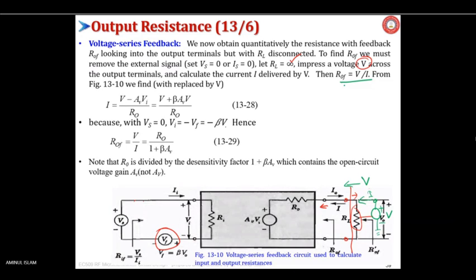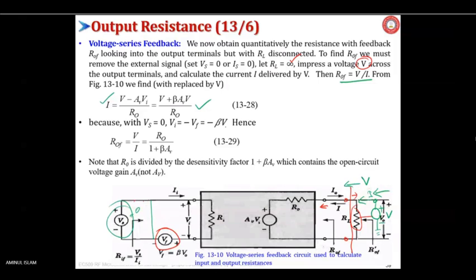From this figure, we find that this I, supplied by the externally connected voltage source, and by the time you have removed it, or rather made it zero, zero means you have shorted it. With that, can you write this equation?